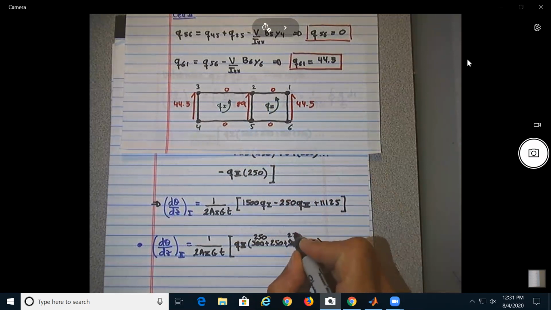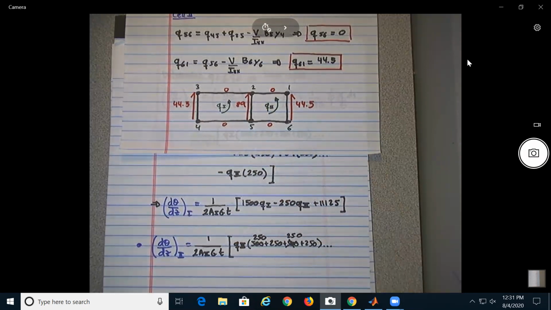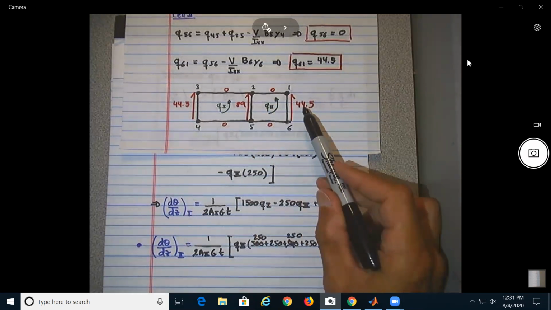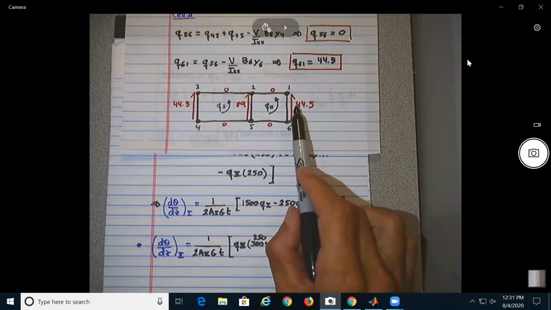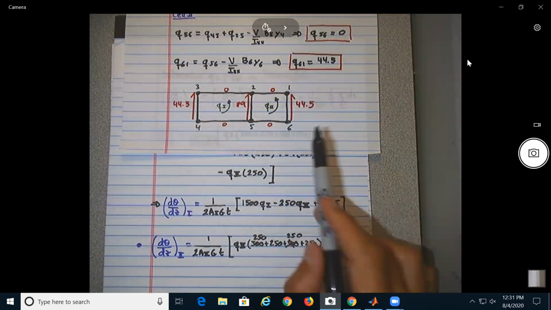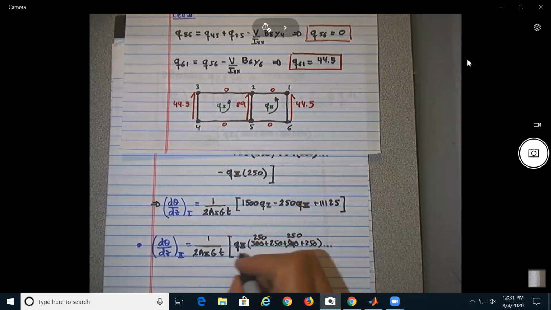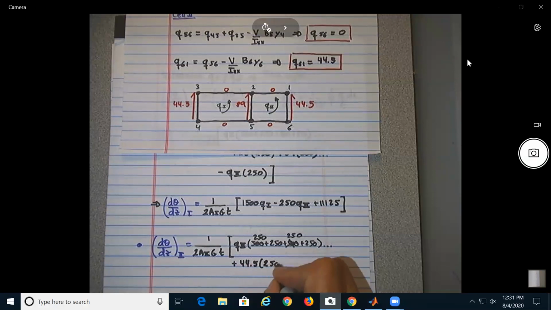So it should be as well 250. Okay? Now, and they're still going to go counterclockwise. Now, let's say we start here by Q16 or 61. The effect of this one will be to make it go counterclockwise. So that would be positive, no? Plus 44.5 times 250. And that will be positive.